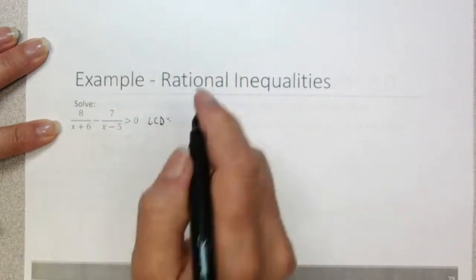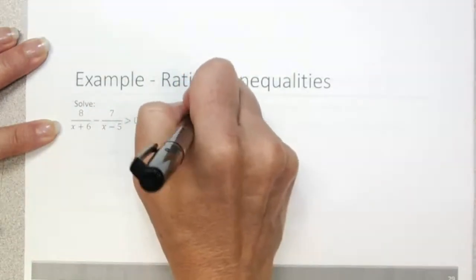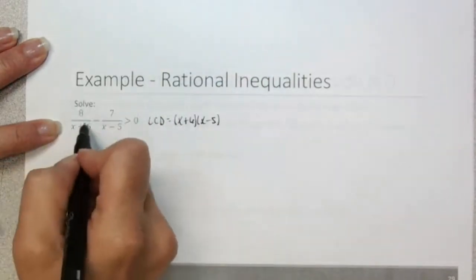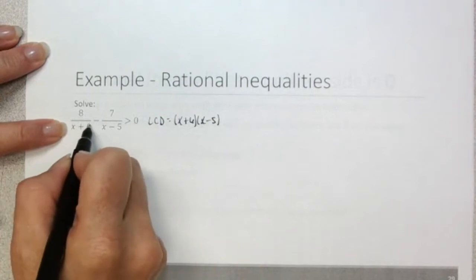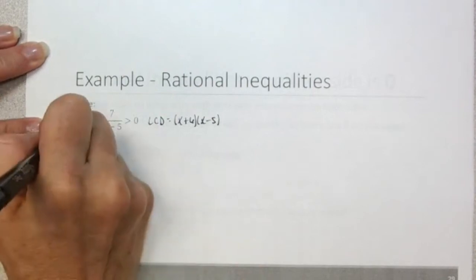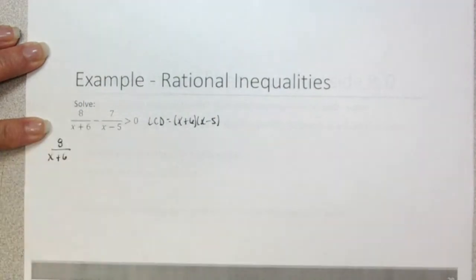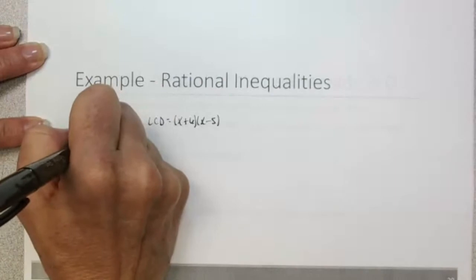Neither of these factor, and they're not the same, so our least common denominator is going to be x plus 6 times x minus 5. Now this first term, this is going to be the denominator I need to establish. There's an x minus 5 missing in the denominator of the first term, so I'm going to need to multiply the 8 over x plus 6 by x minus 5 over x minus 5.